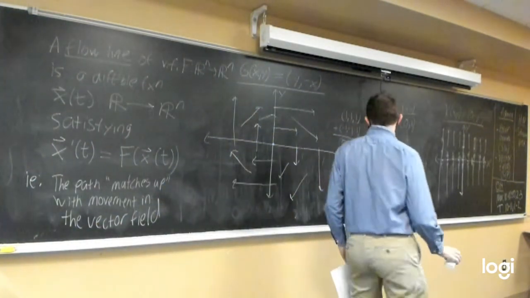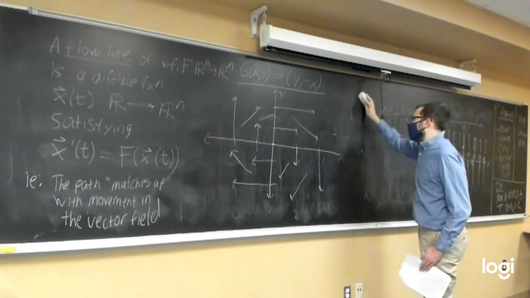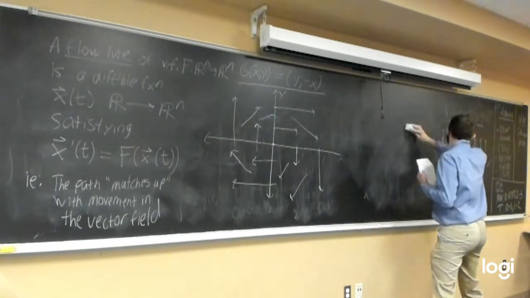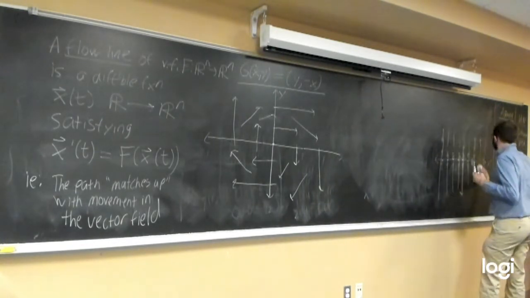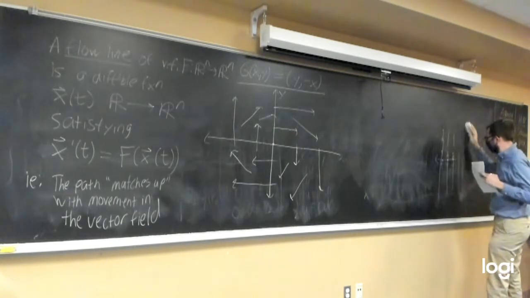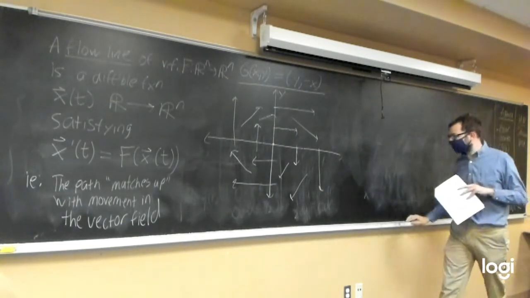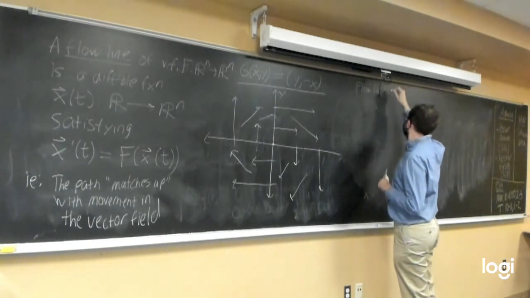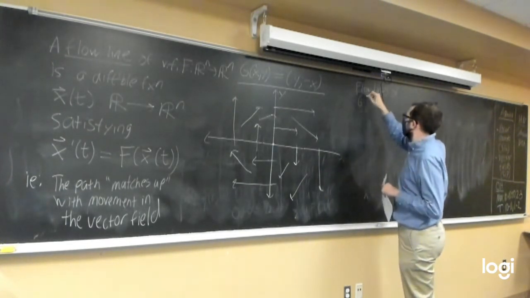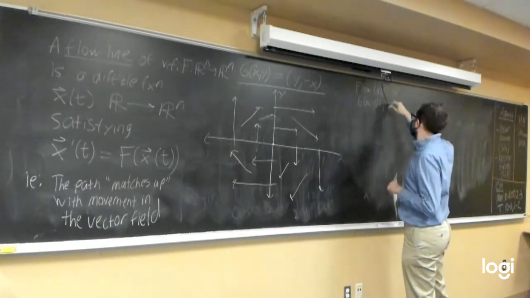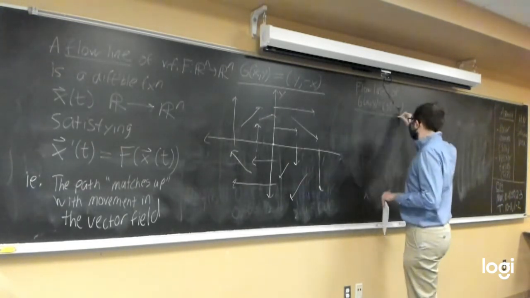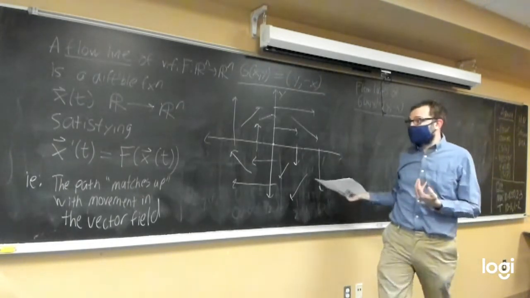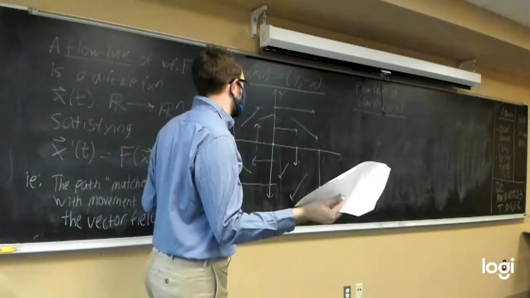So let's see if we can calculate what that might look like in this example here for g of (x, y) equals (y, negative x). So g of (x, y) here is a function going from R2 to R2.